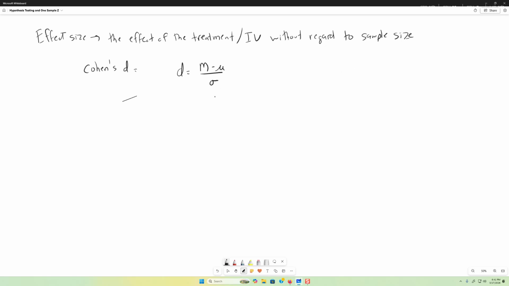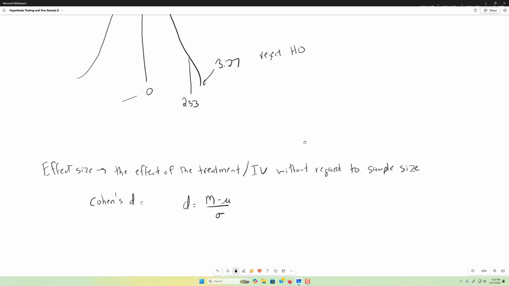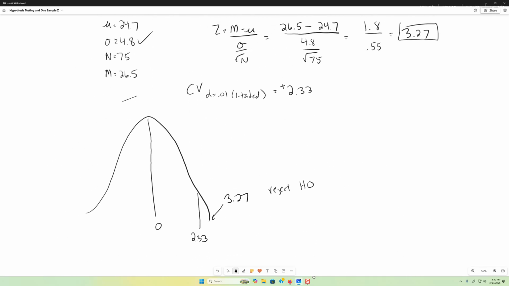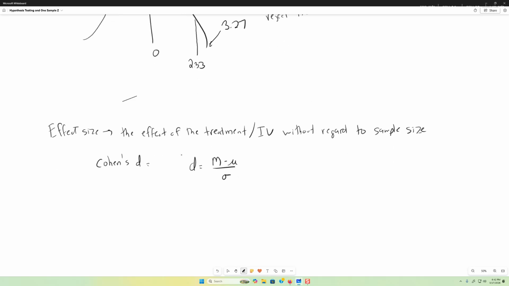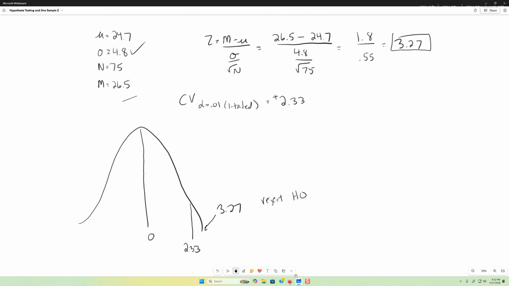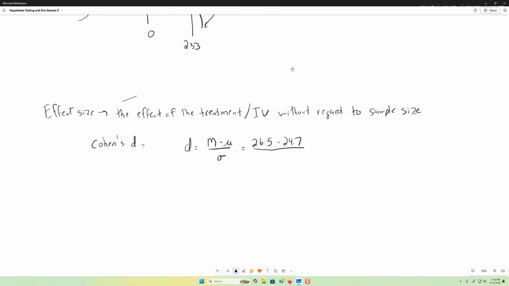So you see no sample size in here. What we have here is 26.5 minus 24.7, divided by 4.8, without the n involved.